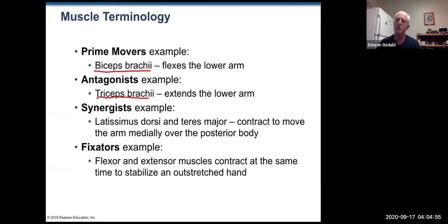Synergist. Synergist works in combination with the primary mover or the agonist. Okay, like the latissimus dorsi and teres contract. These 2 muscles contract to move the arm immediately over the posterior part of the body. And fixators contract at the same time to stabilize a joint, like your outstretched hand.